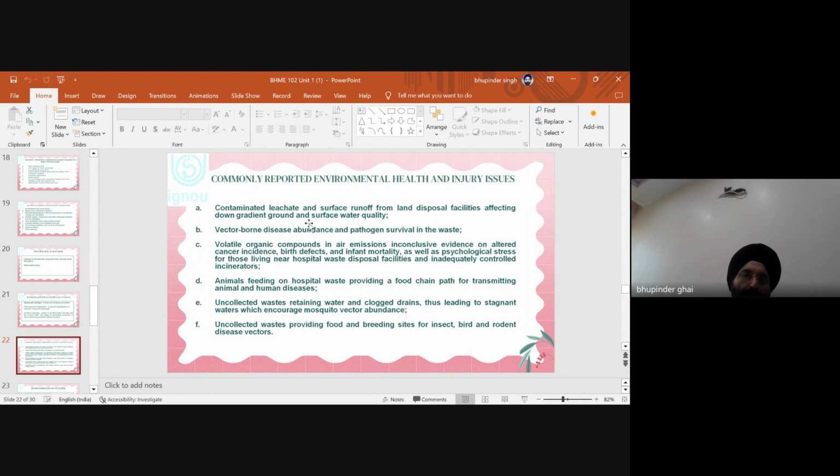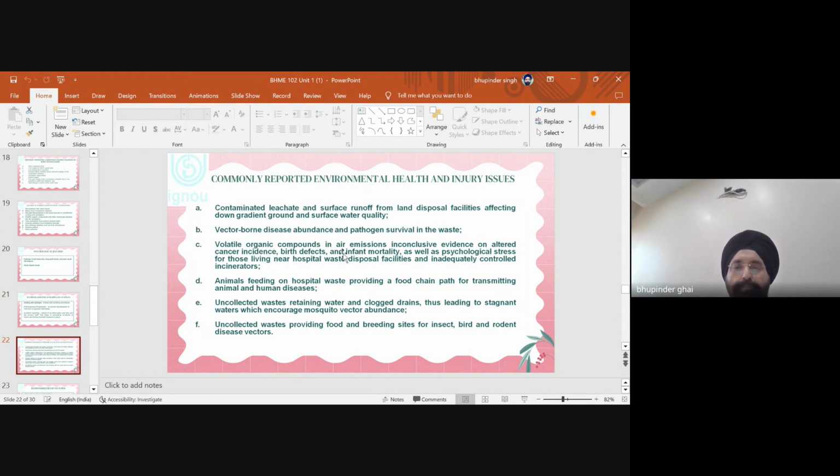And the people who are living by the side of that groundwater or surface water will be affected. The vector-borne diseases will be more because there is abundant waste, and there will be growth of houseflies and mosquitoes, which will carry the disease-forming organism from that waste to the general population.